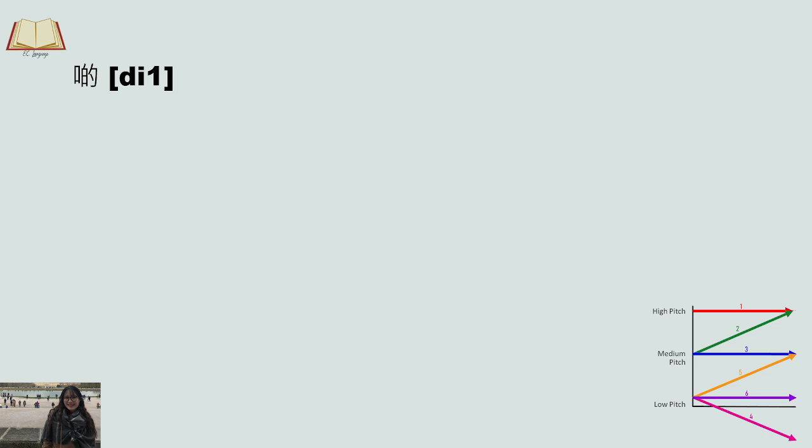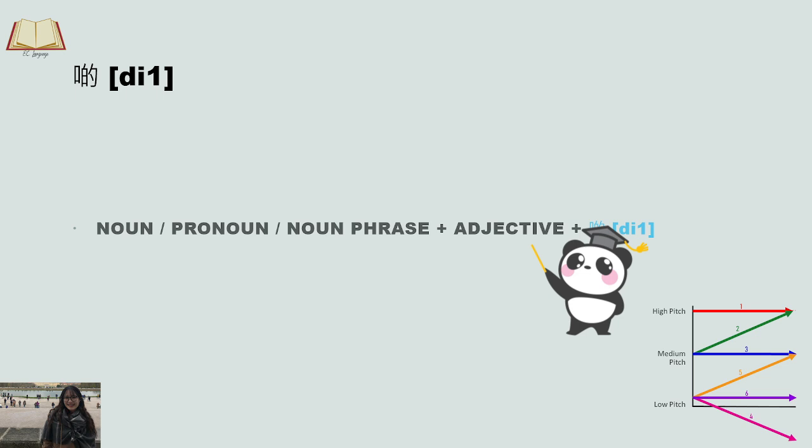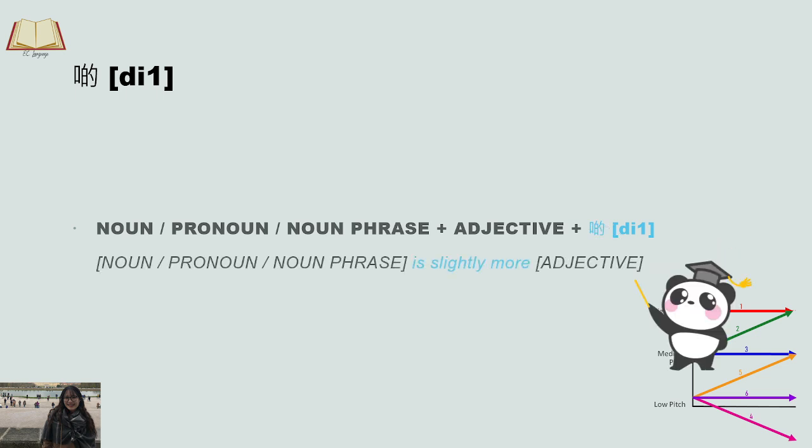Here is how you would incorporate di into a sentence. You begin with a noun, pronoun, or noun phrase, basically anything representing an entity of some sort, followed by an adjective, and di is affixed to the end. This is equivalent to saying noun, pronoun, noun phrase is slightly more adjective in English.